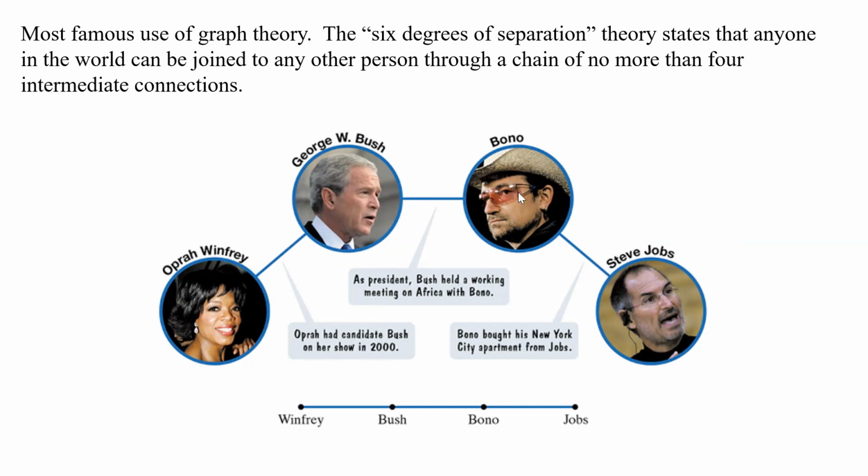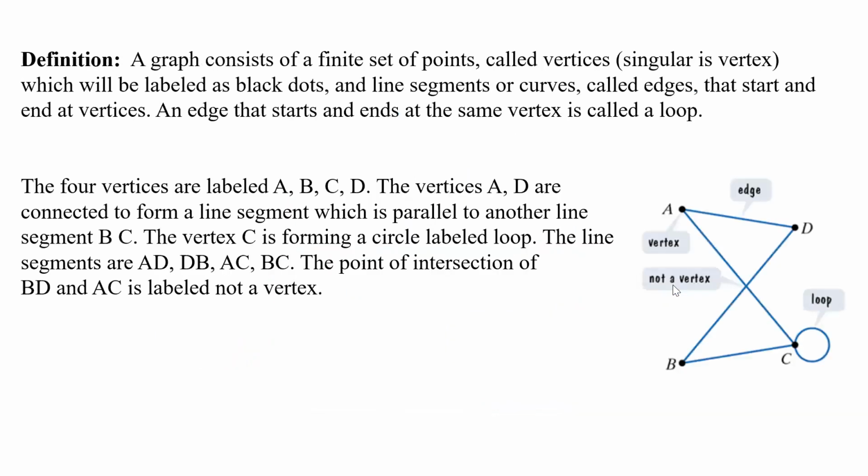Between George Bush and Bono, as president, Bush held a working meeting on Africa with Bono. Then between Bono and Steve Jobs, because Bono bought his New York City apartment from Steve Jobs. And so here we have just the 2 degrees in between. We could have four, and that would give us the total of 6 degrees if we had two more possibilities in between. So that's kind of how graph theory works. We're going from one person to the next to the next.